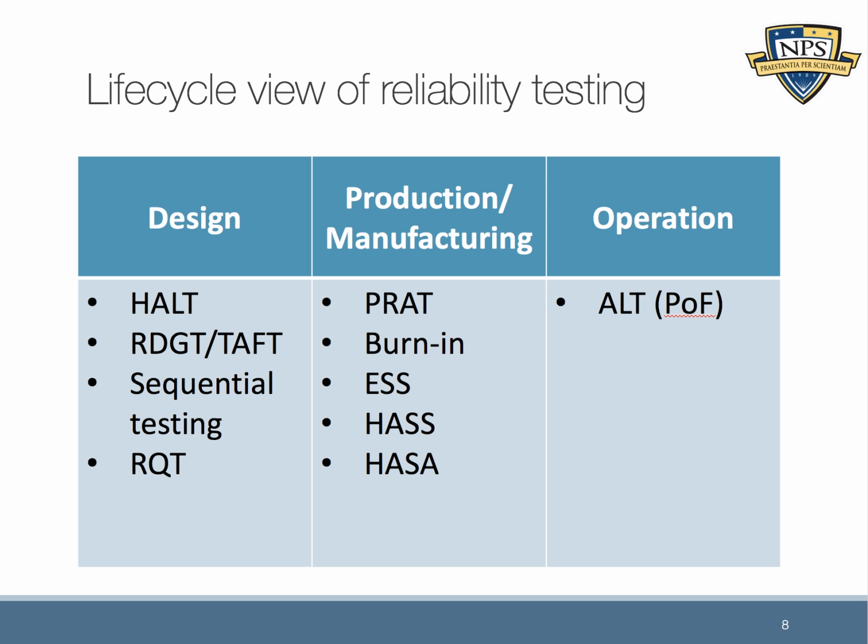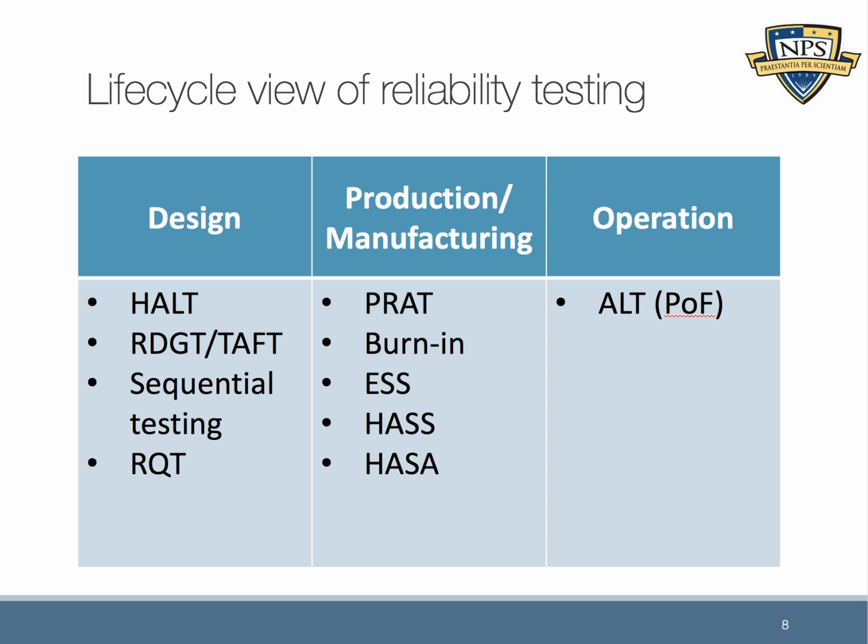The other one is more of a physics of failure style testing, and that's a result of actually seeing a failure in the field. And the failure can be for any number of reasons, but sometimes there will be a failure. That individual system will come back to the facility to go through the fracas process, and if it's determined that there is a failure that needs to be better understood, a lot of times it'll go through a physics of failure style test.